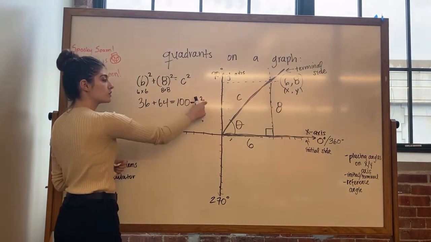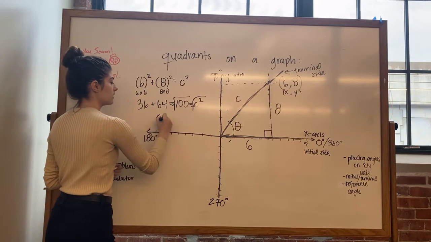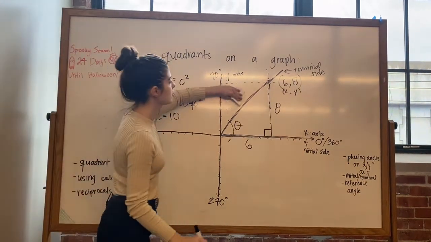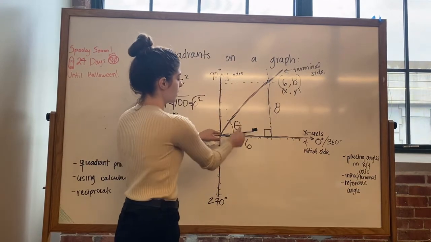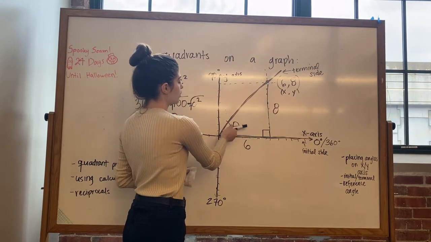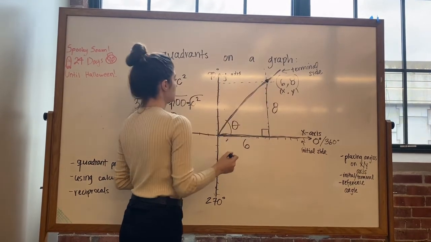So that means we gotta take the square root. So we get c equals 10. Okay, so that means that this right here, from our origin, because this is how we form angles in a circle, from right here to our point that our terminal side goes through, this is 10.